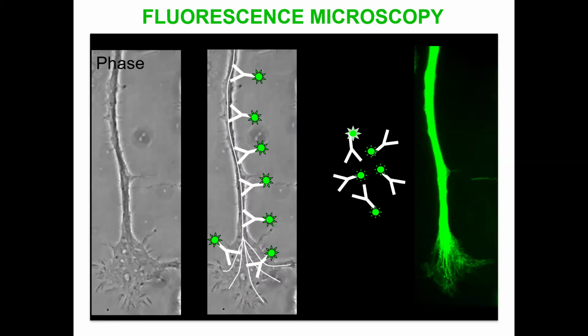The microtubules are polymers of tubulin. So we used an antibody that binds to tubulin, and that antibody is tagged with a green fluorescent tag. We incubate the cells or the tissue with the antibodies and wash away the unbound antibodies.